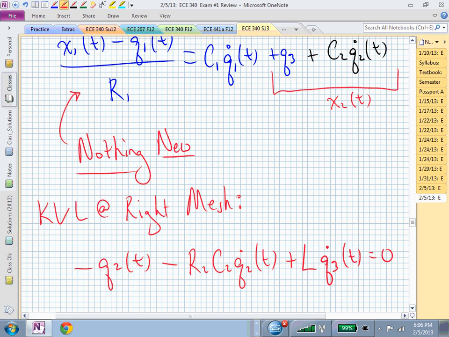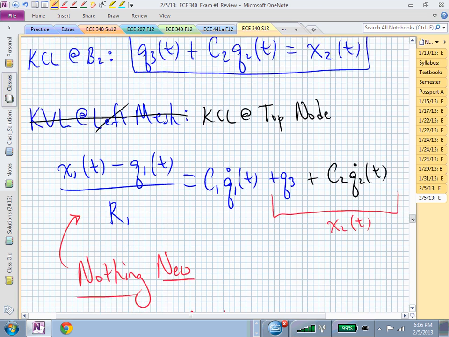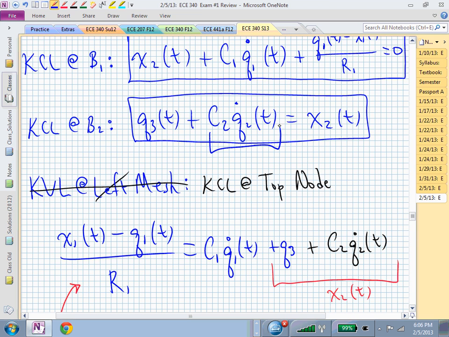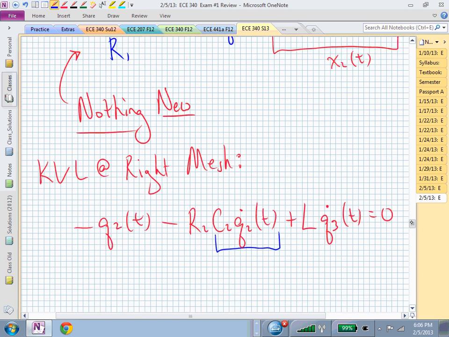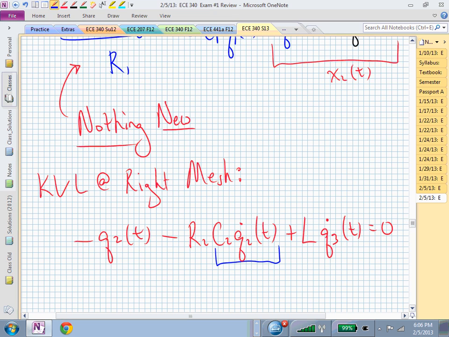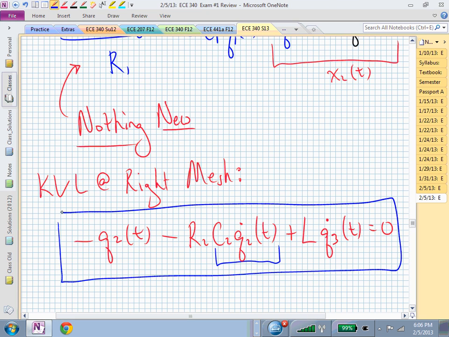Now we do have an expression for that somewhere. That's up here, and we can now use that to replace that piece, and we have a Q sub 3 dot equation. Those are now your state equations. You will then have a Q1 dot, a Q2 dot, and a Q3 dot. You now need to find your output equations.